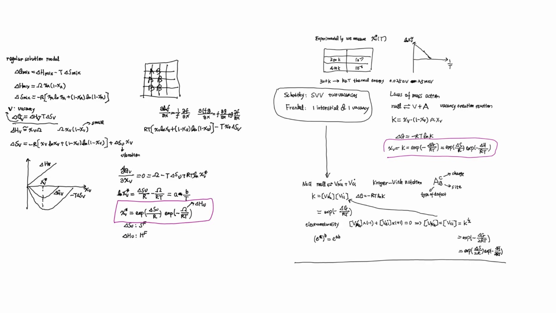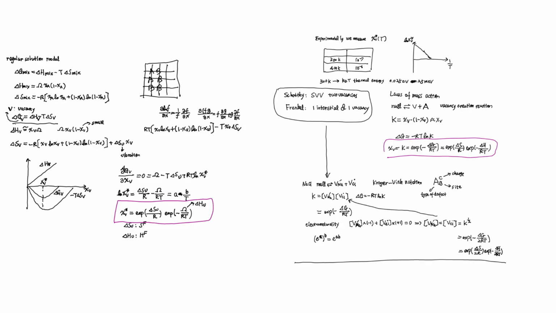So that term is a parabola on the top, because that term is less than 0. Let me think. Yes, this is less than 0, so entropy is positive. Delta SV is positive, so we multiply that by minus T, and that's why it becomes negative. Of these two terms, one is going to go up, one is going to go down.